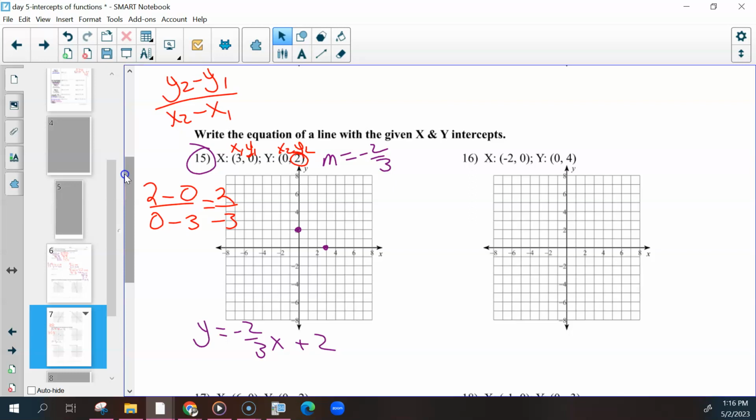Email me when you have so I can update your grade. If you want to go back and do the Khan Academy from this objective or the last one, those names and dates are on the board so you can go back and find those. Email me with those names and scores, or just the names, so I can go back and update those grades. If you said you wanted to retake, now would be a great time to get the retake work done so you're not waiting until June to update your grade on things you don't remember.